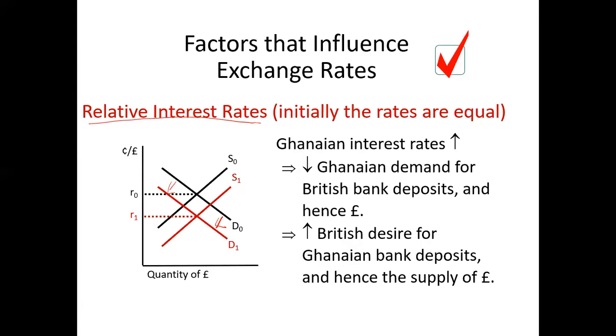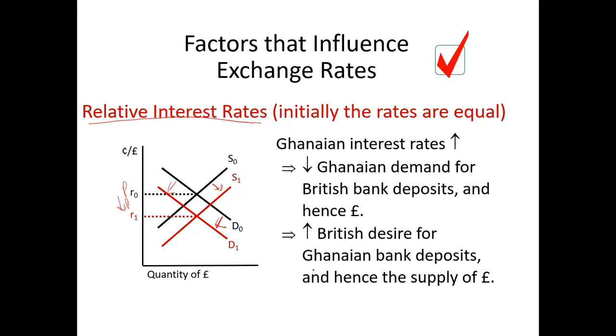They'll bring their pounds here, and there'll be more supply of pounds. So supply is going to increase, but demand is going to decrease. So definitely the price of the pound is going to fall.